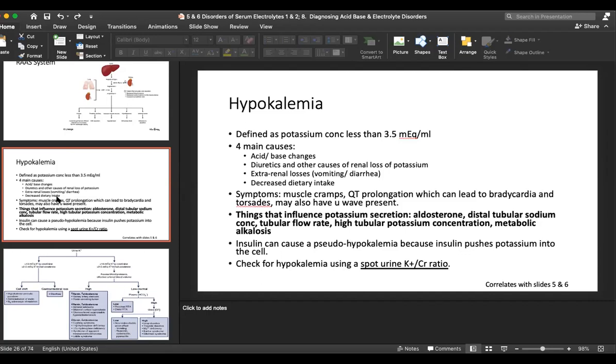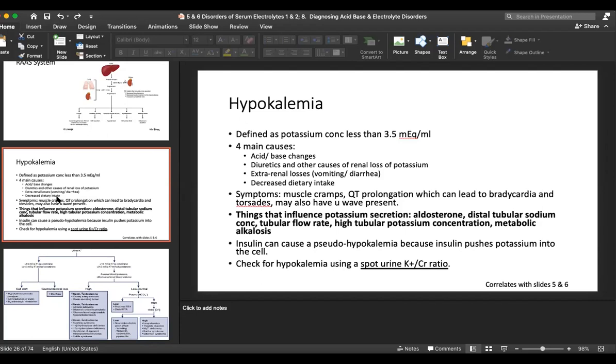So, things influencing potassium. I think it's easier in my mind to think of it as far as drugs. Our ACE inhibitors and ARBs can increase our potassium, and then our potassium-sparing agents like spironolactone.